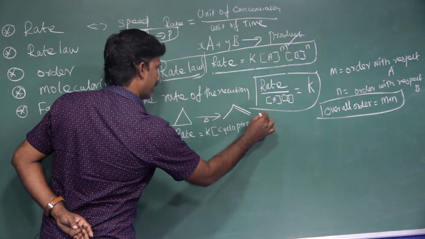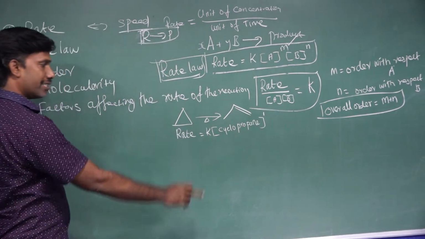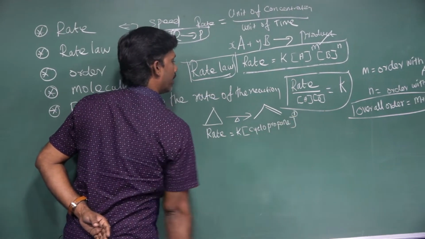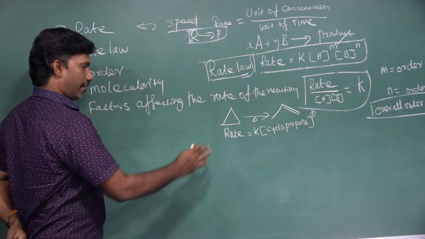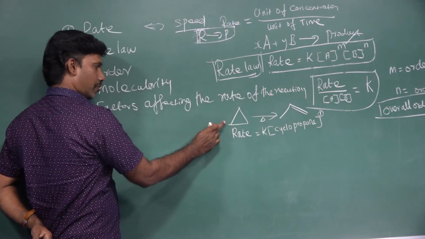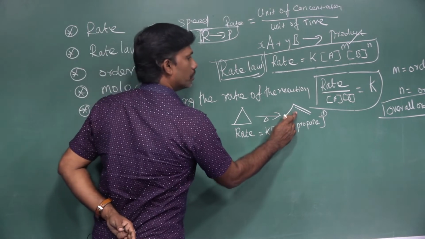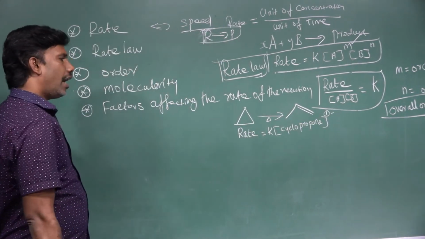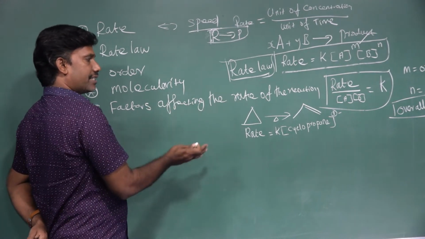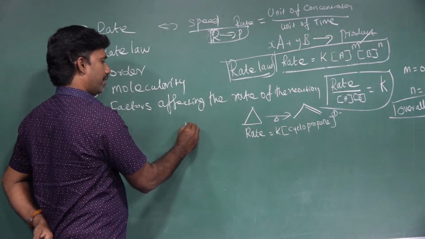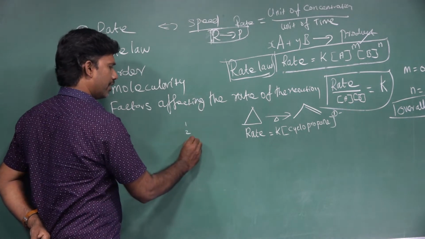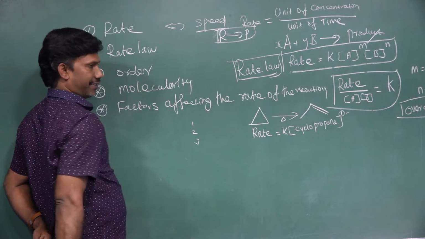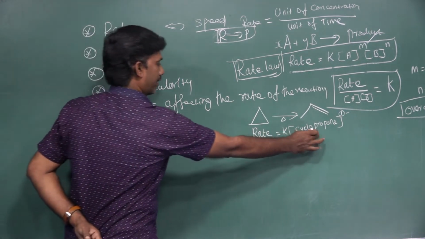It is an experimental value. I cannot write simply 1 or 2. That is the experimental data that I already mentioned. It is known data, that is 1. It means the order of the reaction when cyclopropane is converted to propene is 1. At an instant, that is at a time, after 1 minute, 2 minutes or 3 minutes, different time intervals will have different concentrations. You have to write that here.